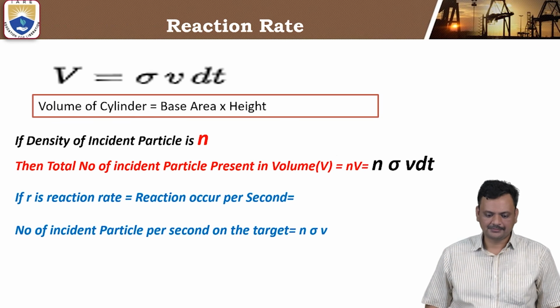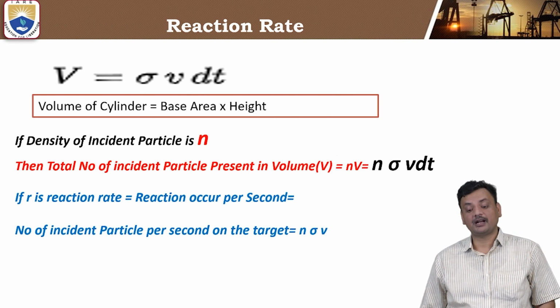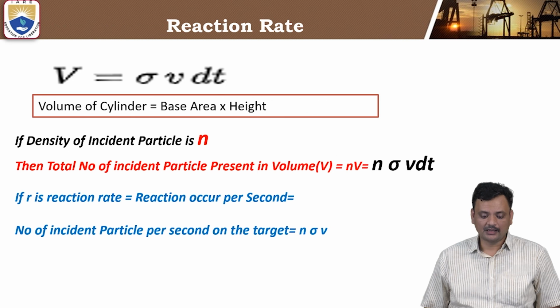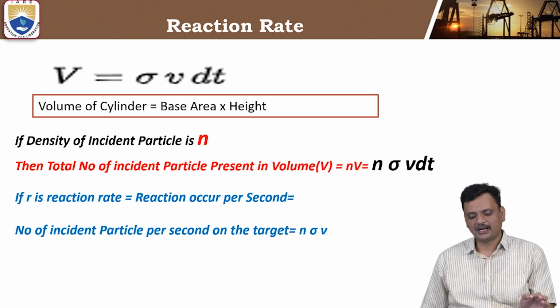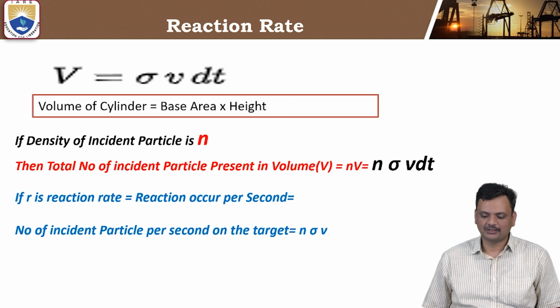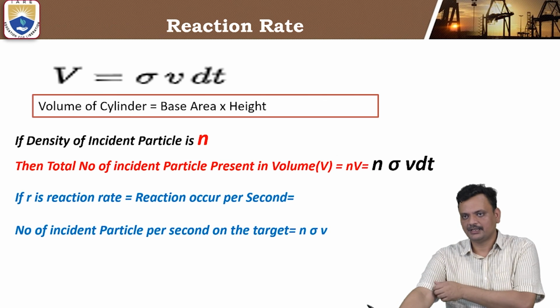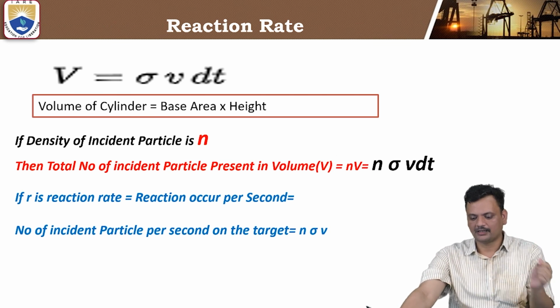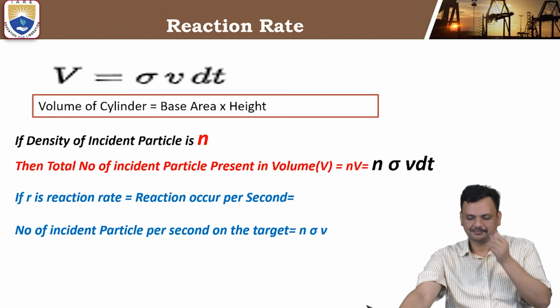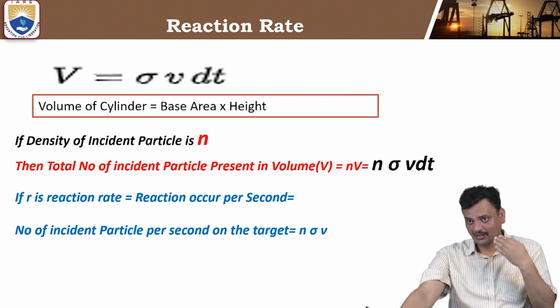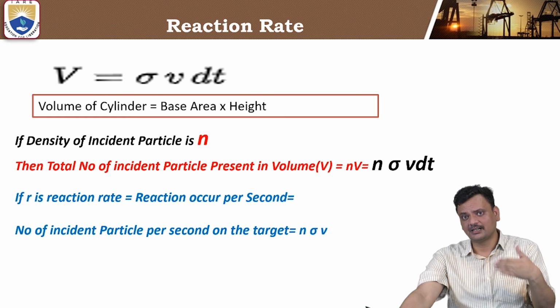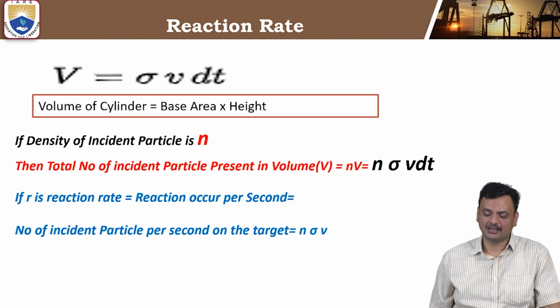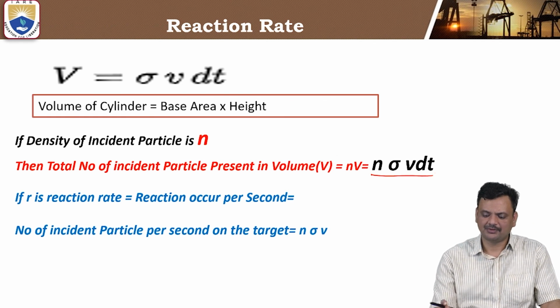If the density of incident particles is n, then the total number of incident particles present in volume V is n sigma v dt. Suppose the density of incident neutrons is n, so the total number of neutrons inside the considered volume is n sigma v dt.